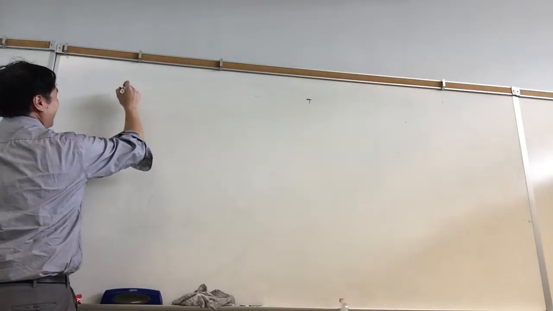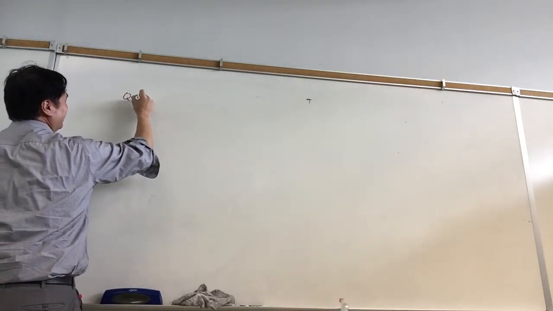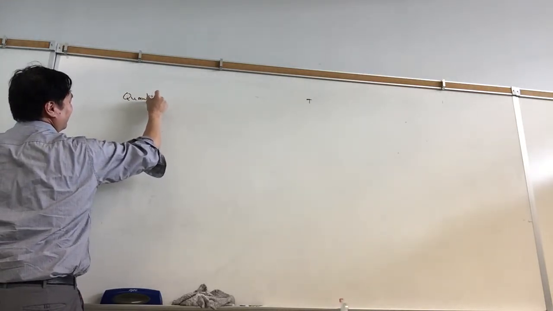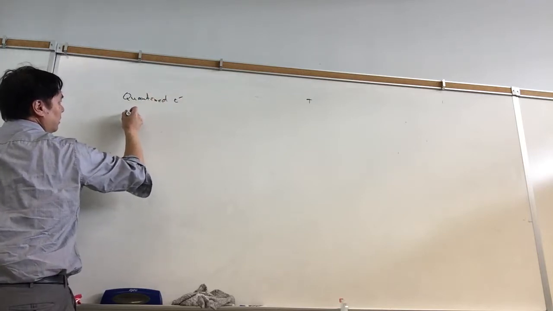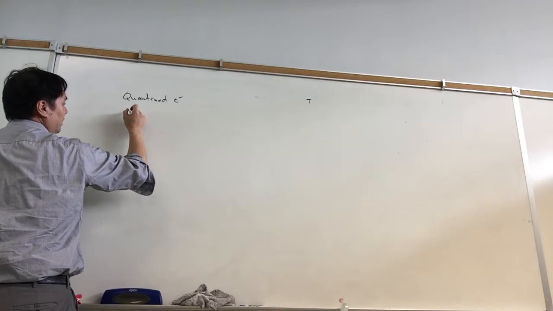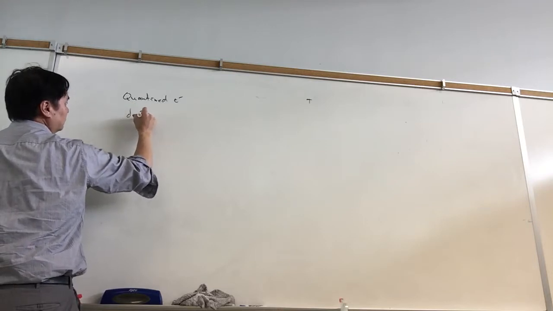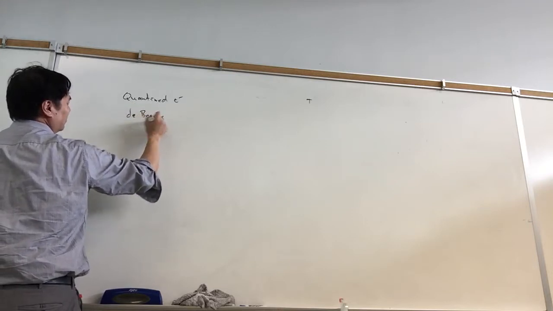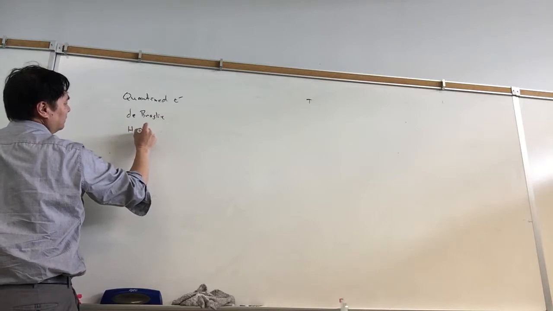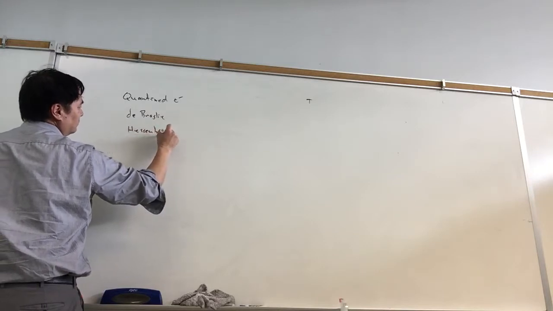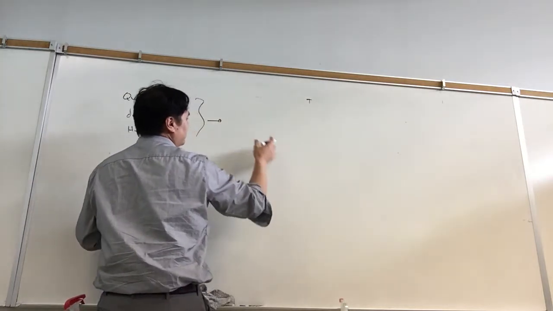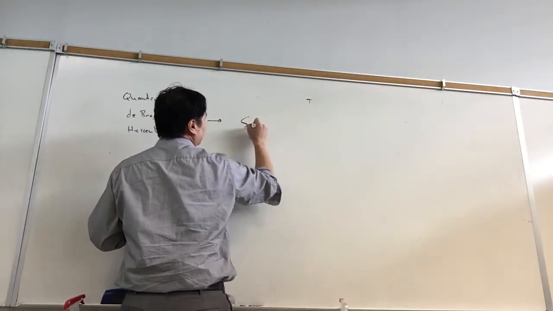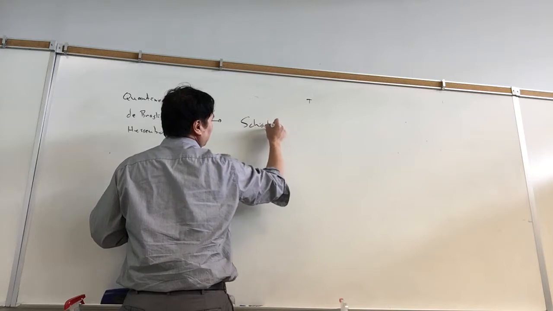And so when we have quantized energy, we have the de Broglie, we have the Heisenberg, and then we combine these into the physics and do the equation for this, we end up with the Schrödinger equation.